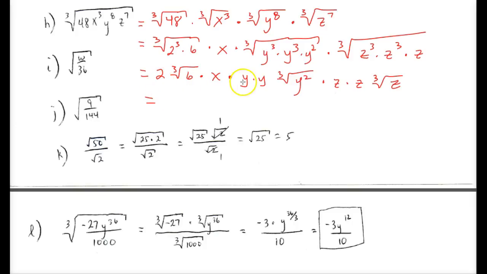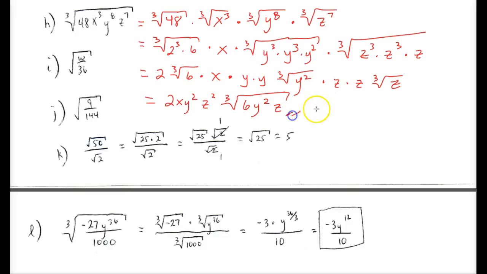So we have 2 times x times y, so that's 2xy squared. And then, of course, the two z's, that would be z squared. And then for the expressions under the cube root sign that have to stay, we have 6, we have y squared, and we have z.